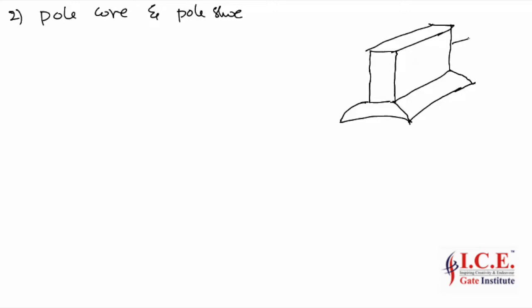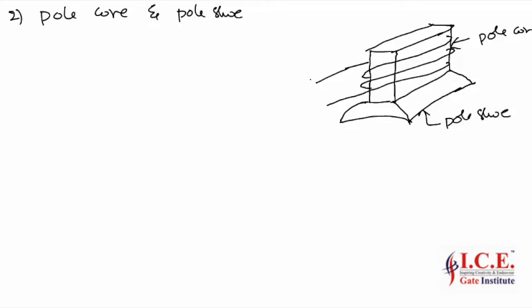So this portion is called the pole core, and this extension portion is called the pole shoe. Over this pole core, the field winding is placed, provided with a DC supply. The function of the pole core therefore is to handle the field winding.